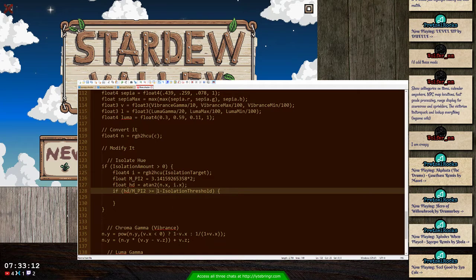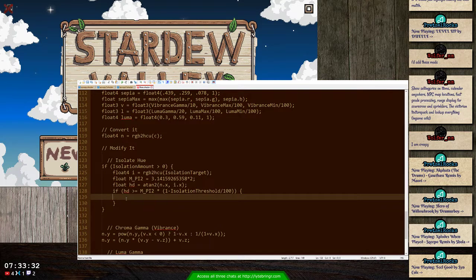Okay. Or we could just multiply this by 2 pi. I think that'll feel better. Times this thing. And now our threshold, let's divide by 100 because percentages, everyone loves percentages.